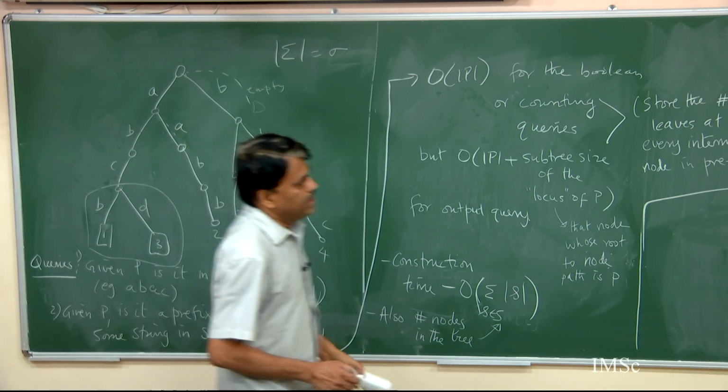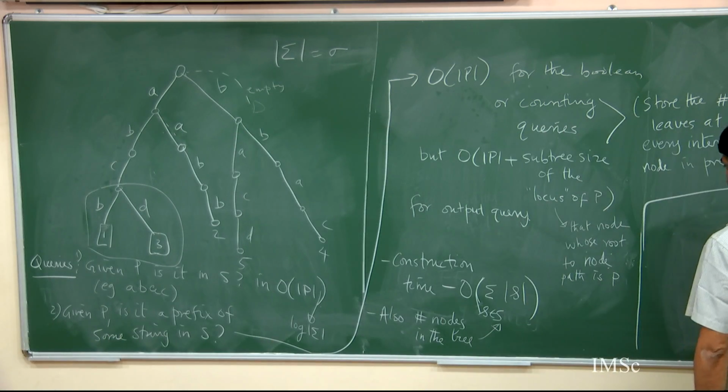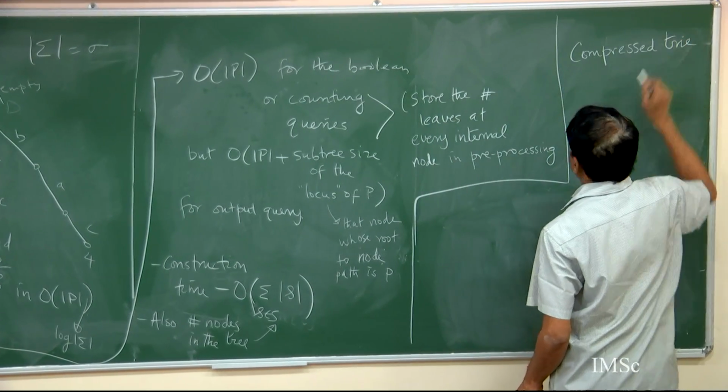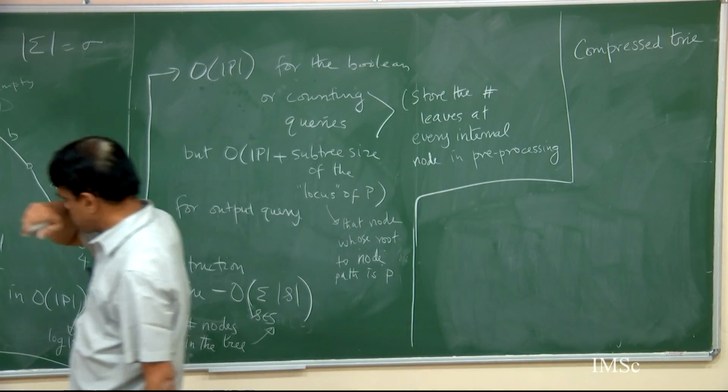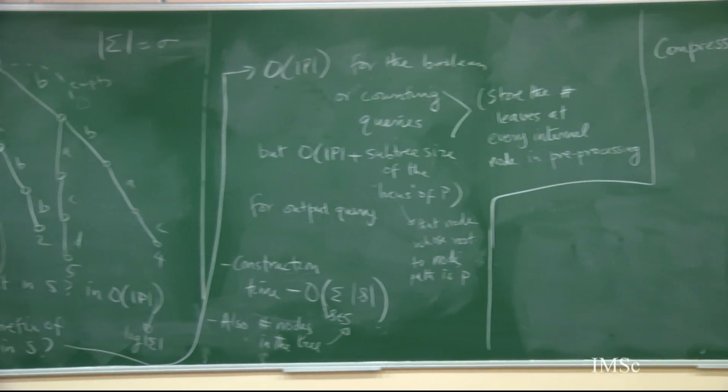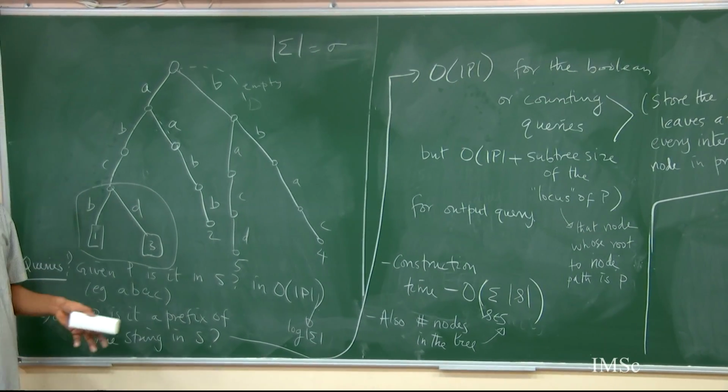Okay. Now, there is the notion of compressed trie. Okay. And that is, why do I need nodes with one child? I just compress them and put the concatenated label on the edges. Okay. So, that means every node has at least 2 children. I ensure that every node other than the leaf has at least 2 children.